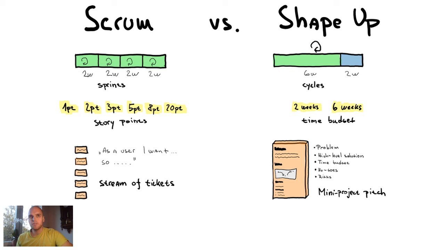So completely different thinking. Another difference I would say is that in Scrum, you are working with what I would call a stream of tickets. Basically, you look in Jira, GitHub, or whatever tool you use, and there's always some ticket that usually starts something like, as a user, I want something, so that I can achieve something. Which is fine.